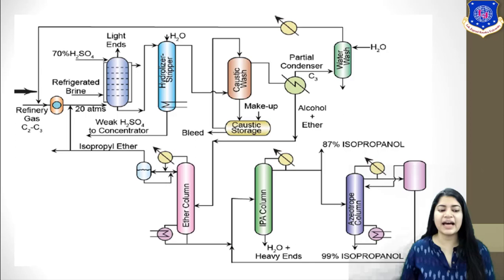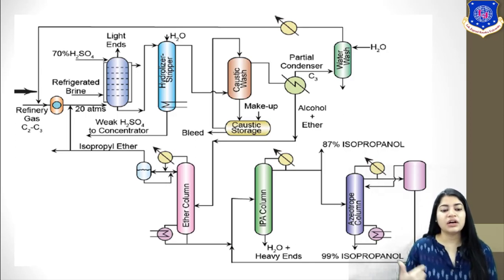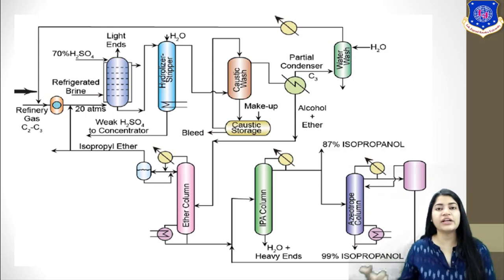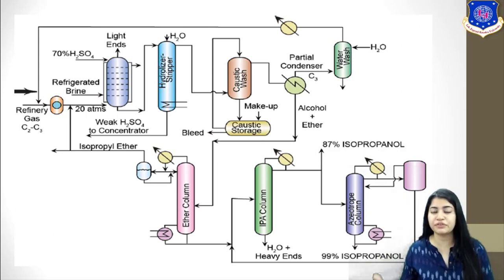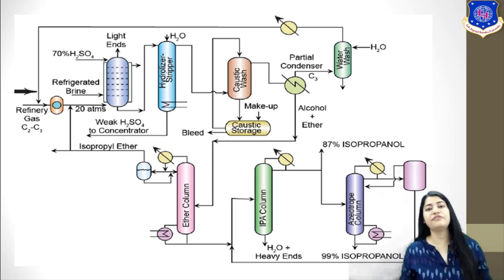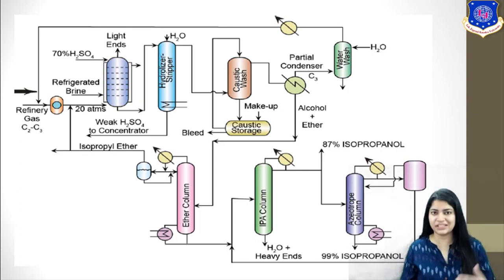So here you can see that your refinery gases are sent to the absorber, where you are sending your H2SO4. The concentration is about 70% sulfuric acid, which is sent from the top, and you are feeding your feed from the bottom. Here you can see counter current exchange is there.